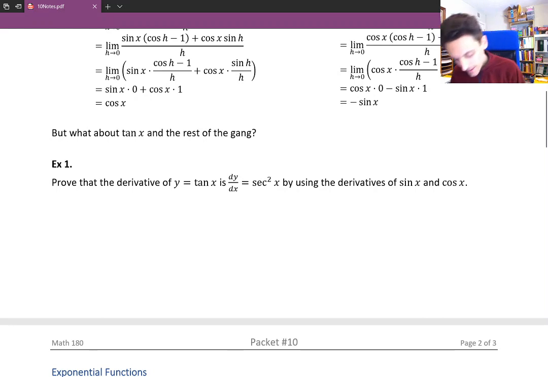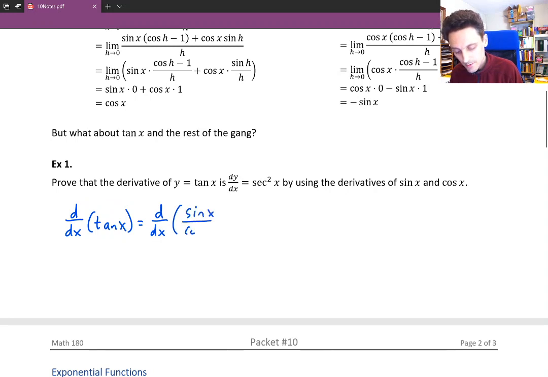The way we can do that is by rewriting tangent x as sine over cosine, sine x over cosine x. Now we can use the quotient rule, because now we have the quotient of two functions, to help break down this derivative into simpler derivatives, in particular derivatives of sine x and cosine x, which we now know and have proven.